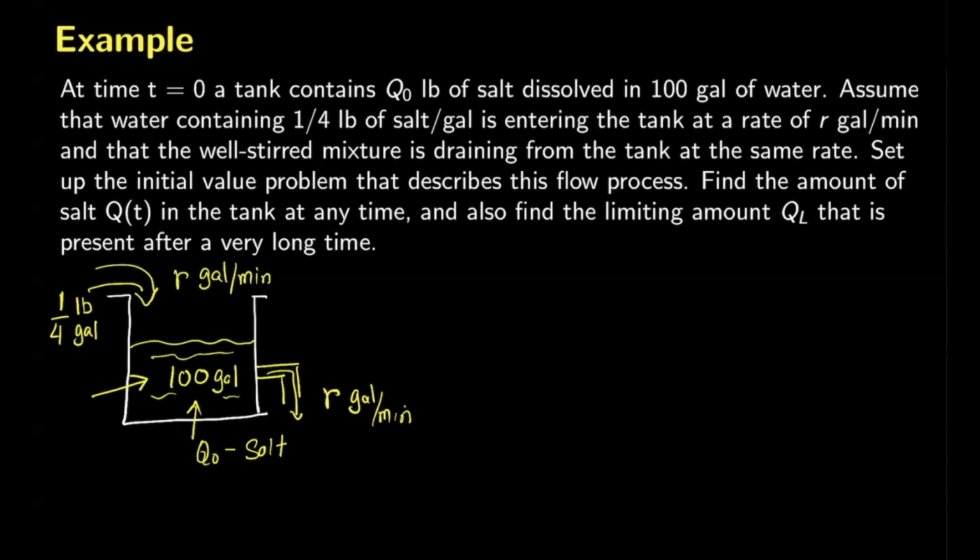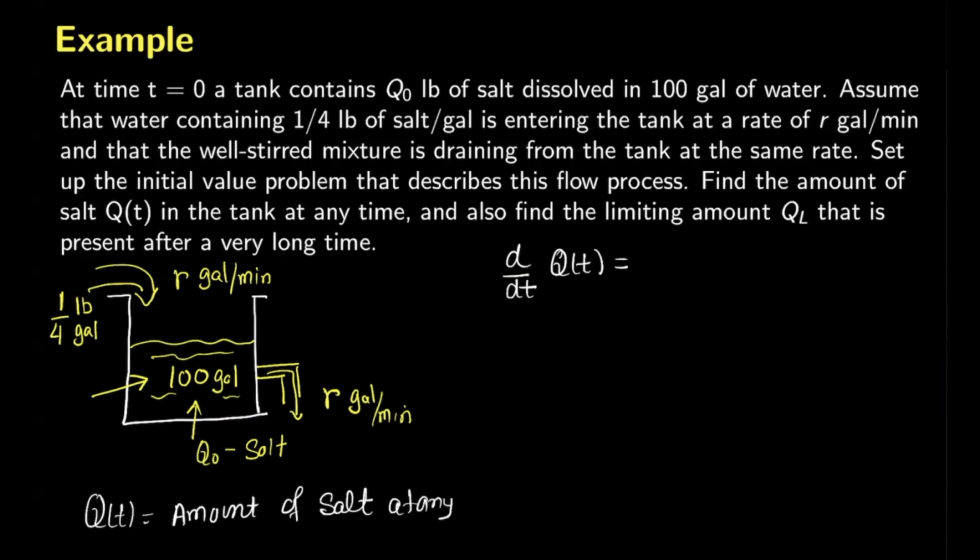We know the rate of change, dQ over dt, is called the rate of change. And here Q of t is the amount of substance, in this case the amount of salt at any time t.